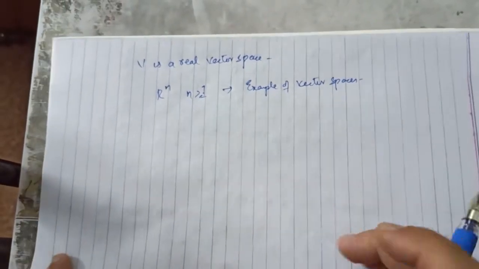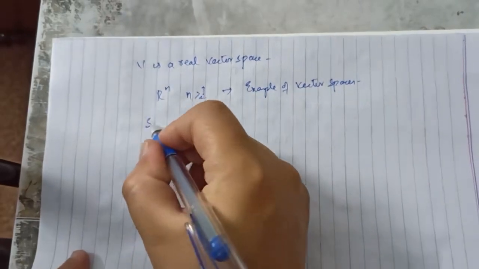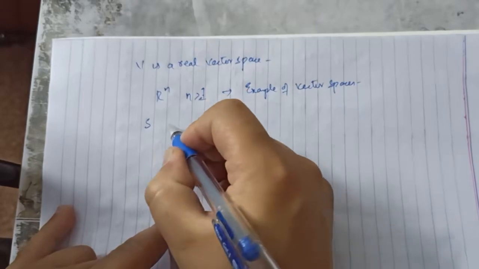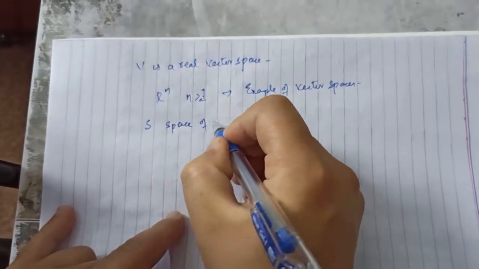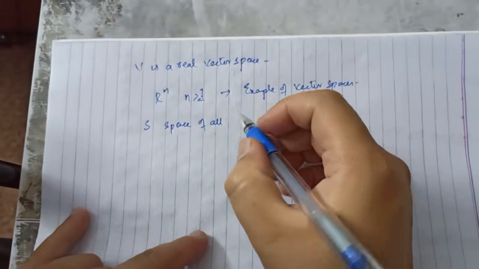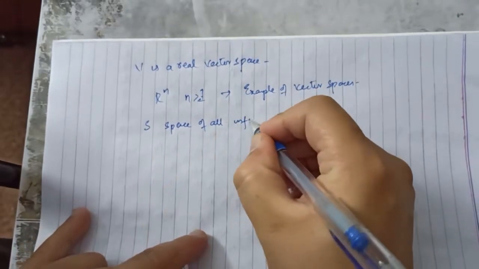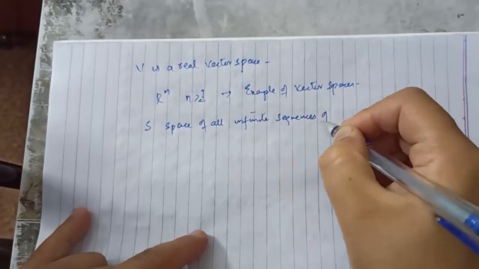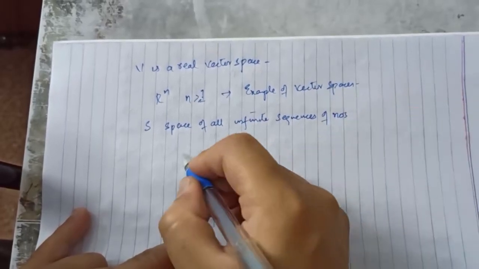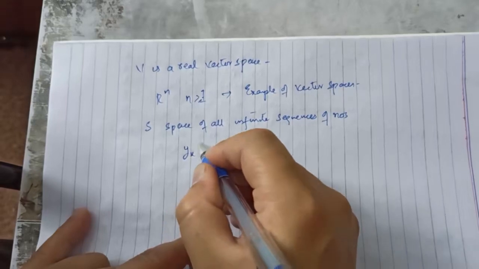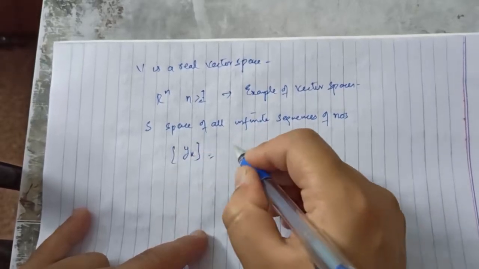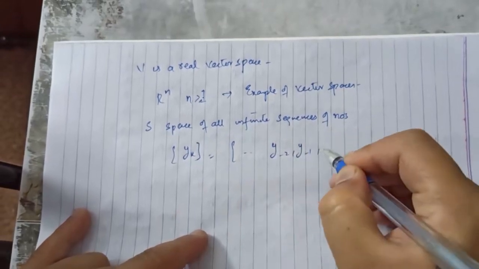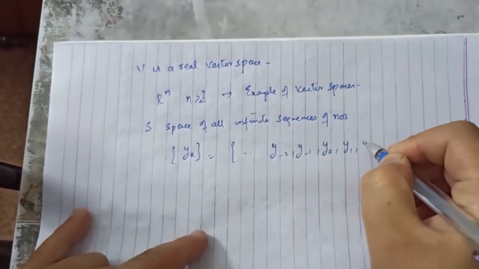For another example, let S be the space of all doubly infinite sequences of numbers. You can write that as y of k, starting from somewhere, y minus 2, y minus 1, y0, y1 and y2.